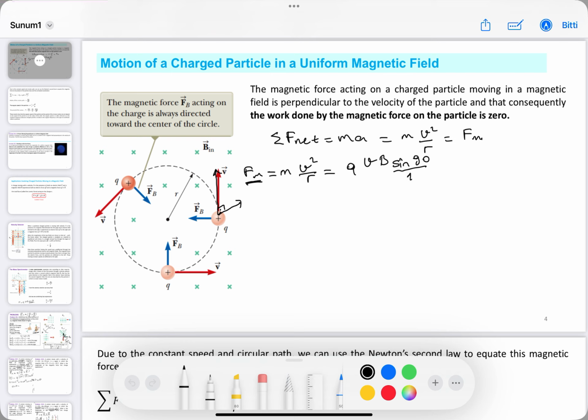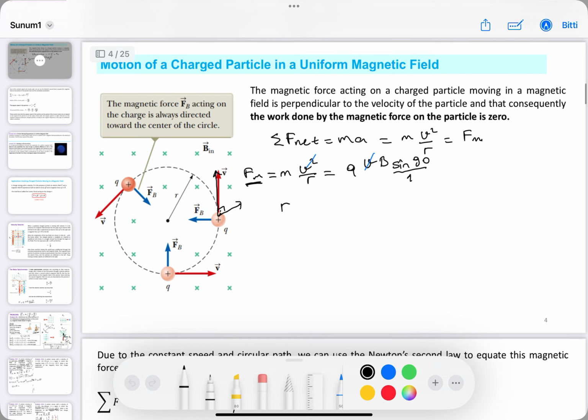If we cancel some quantities like this, for example, r will be mv over qB. This is our radius. We can ask some questions about the radius of the circular path. Also, can I write the angular speed of the particle?